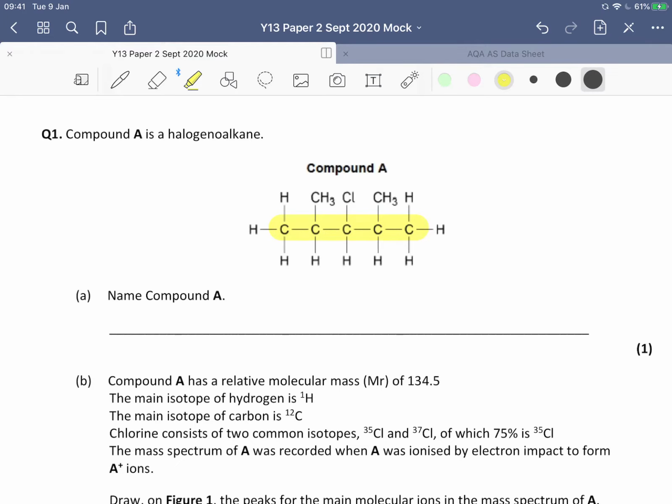There is actually a possibility of a different one, I could have done this. That's also 5 carbons, but for the sake of simplicity, I'm just going to keep it straight, right across there.